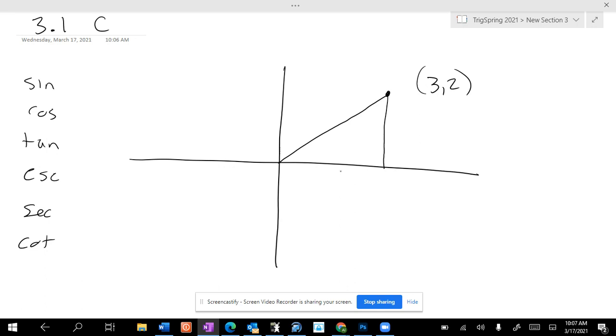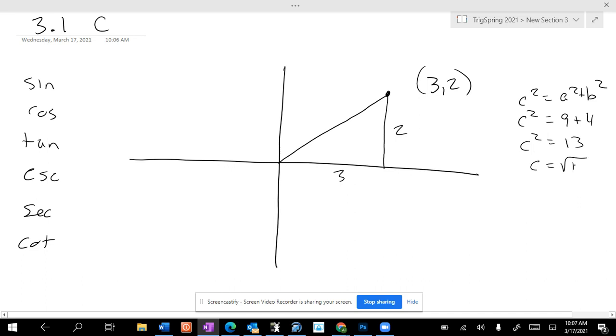What we did is we said, well, this is 3, this is 2. We did the Pythagorean theorem, c squared equals a squared plus b squared. So c squared equals 9 plus 4, c squared equals 13, c equals the square root of 13. And then we started writing opposite over adjacent, and so on. We're not going to do that today.